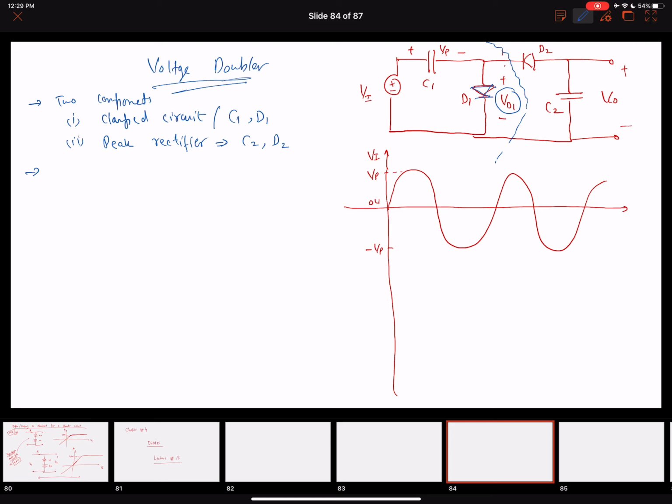Now, what it will do is charge the capacitor to the positive peak rather than the negative peak, and then clamp it in the negative direction. So my VD1 output is going to look something like this.